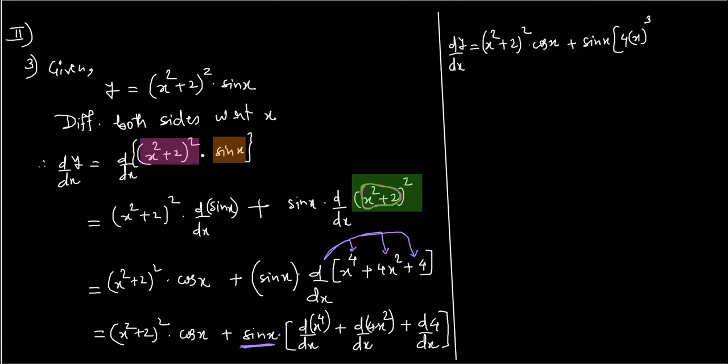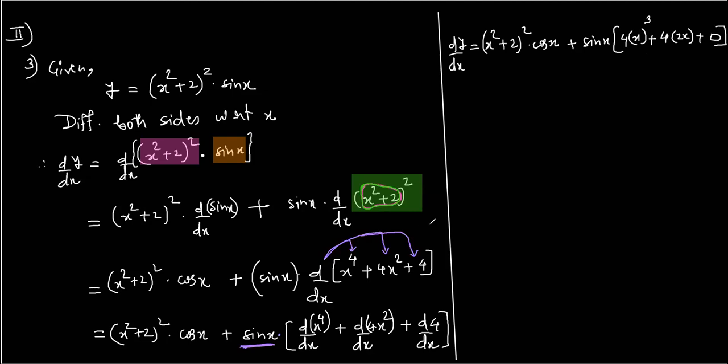Then you have 4x square, plus 4 is a constant. In 4x square, 4 is a constant, and d by dx of x square is 2x. Then you have d by dx of 4, which is 0.